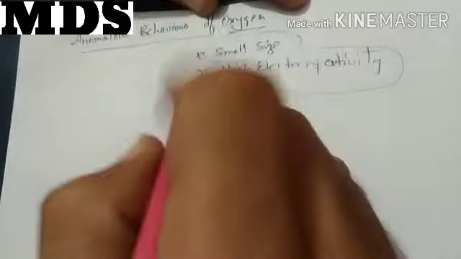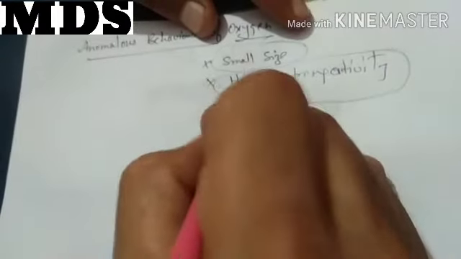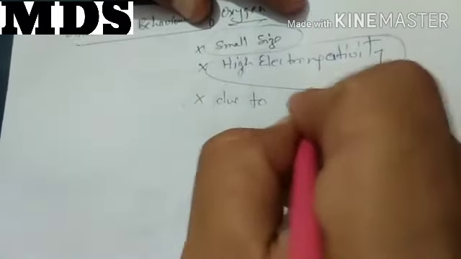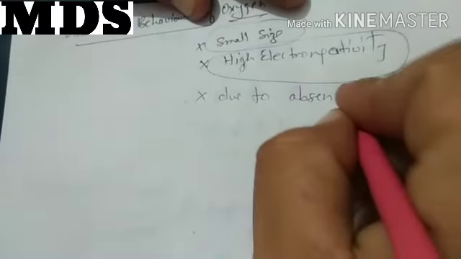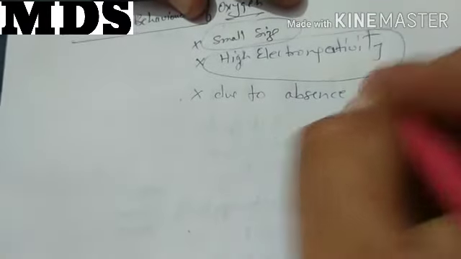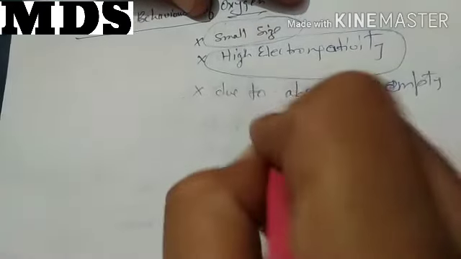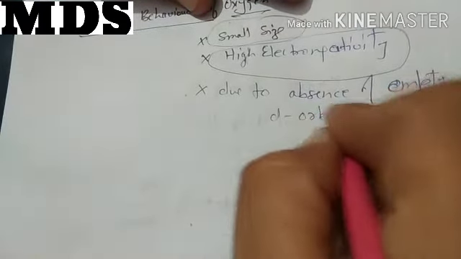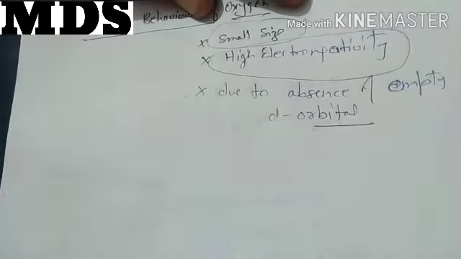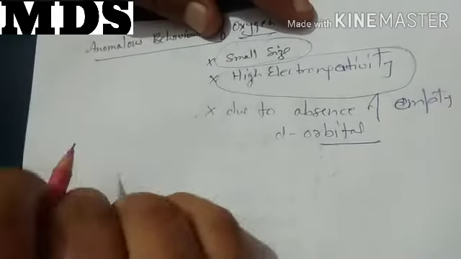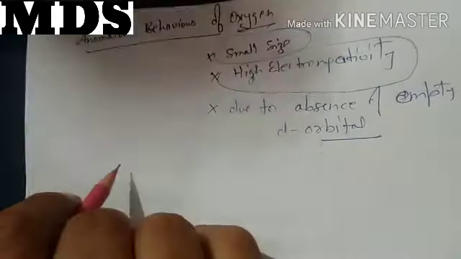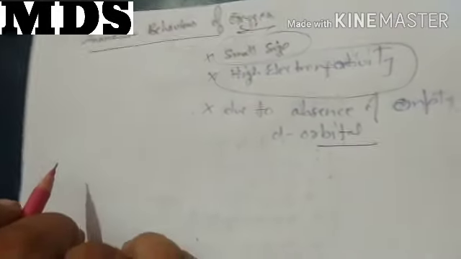And the third reason is due to absence of empty d orbital, while that is present in the other group elements. Empty d orbital is present in all elements like sulfur, selenium, tellurium, but in oxygen it is not present.